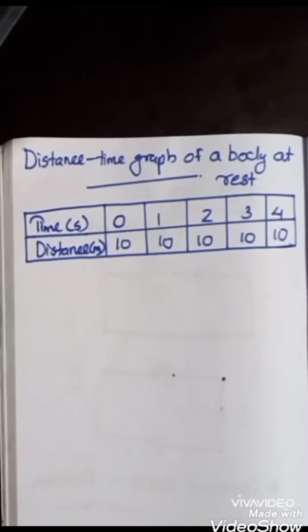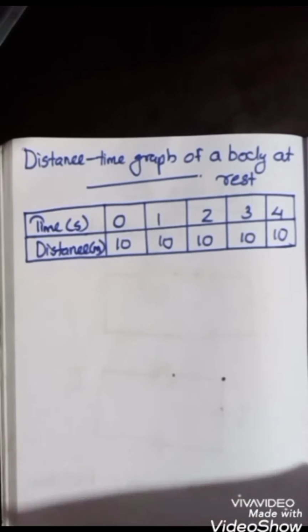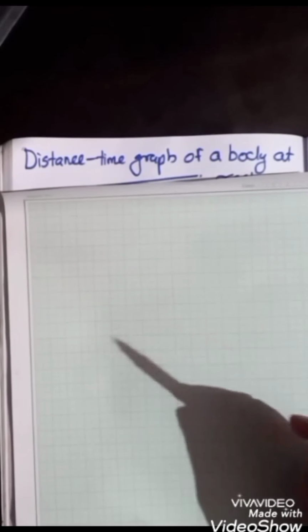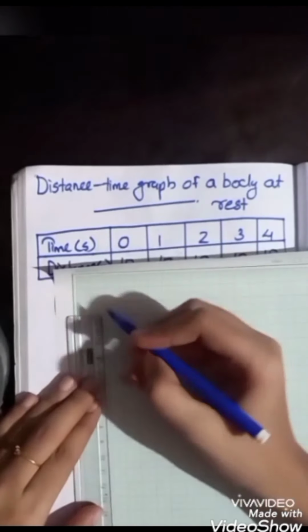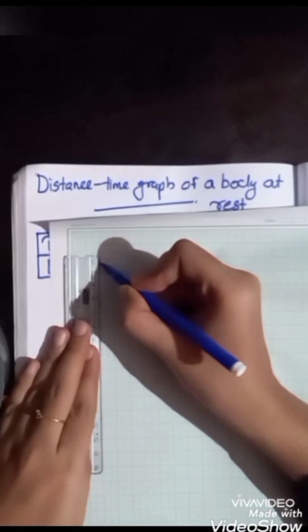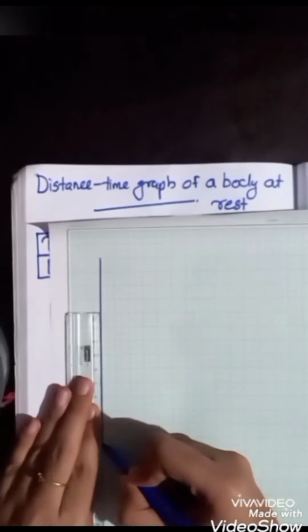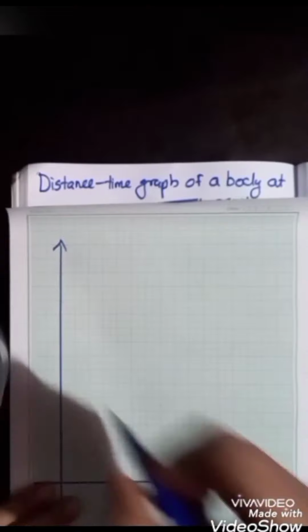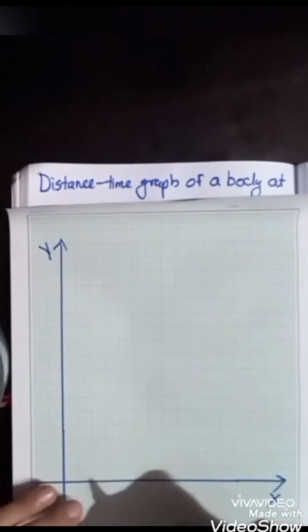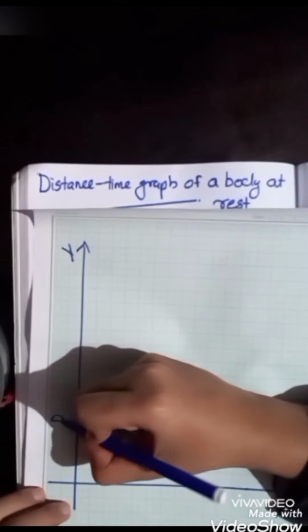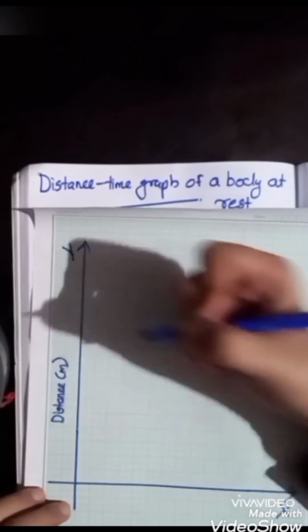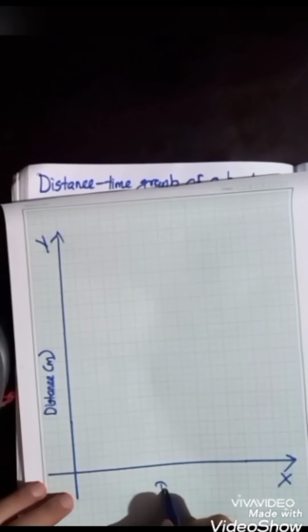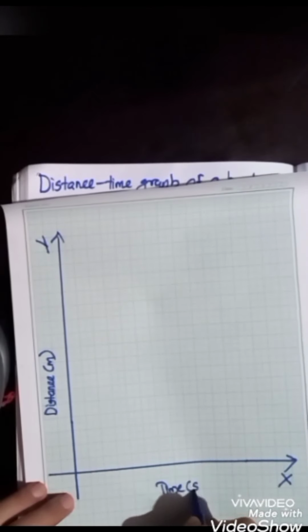How will the distance time graph of a body at rest look? We can draw it using this data. First we draw the two axes. This is x and this is y. Here in the y-axis we take the distance in meters, and in the x-axis we always take the time in seconds.